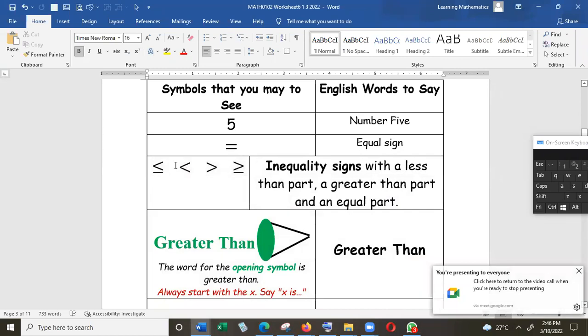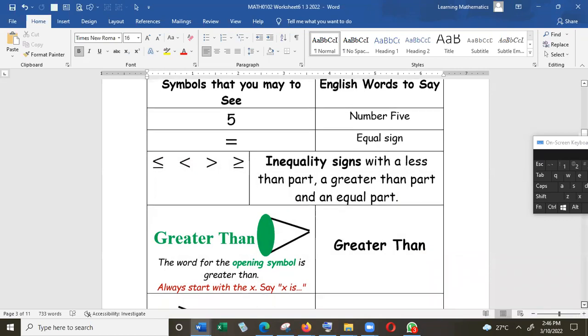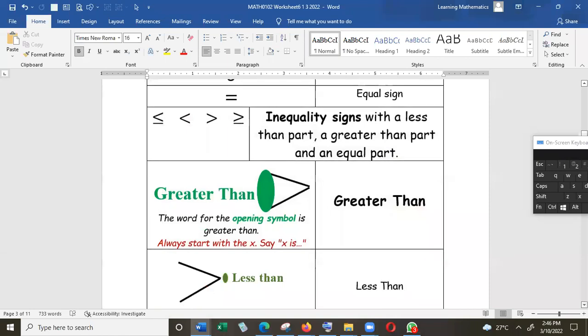These 4 symbols are called inequality signs, with a less than part and a greater than part and an equal part also, okay? So please don't call that the less than sign or the more than sign. Call it the inequality sign, which has a greater than part and a less than part. All right.